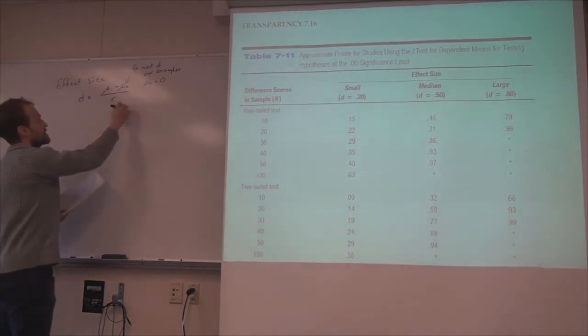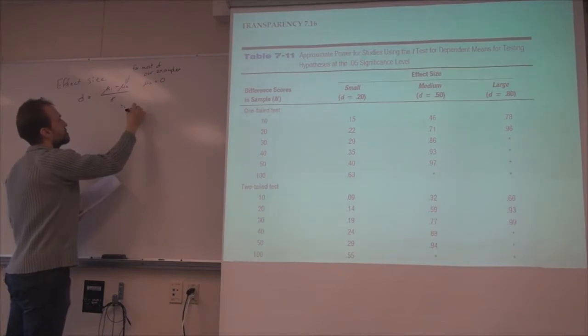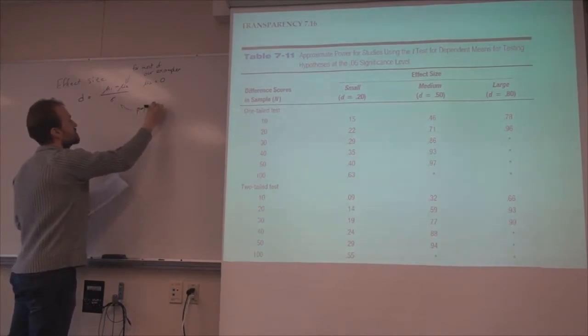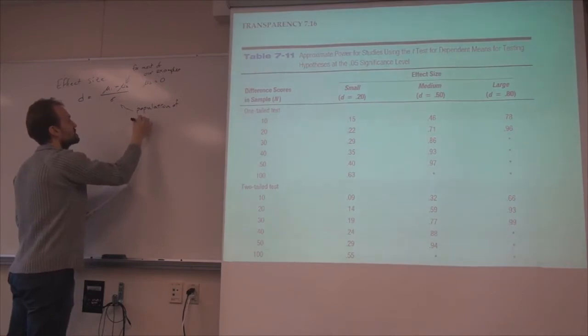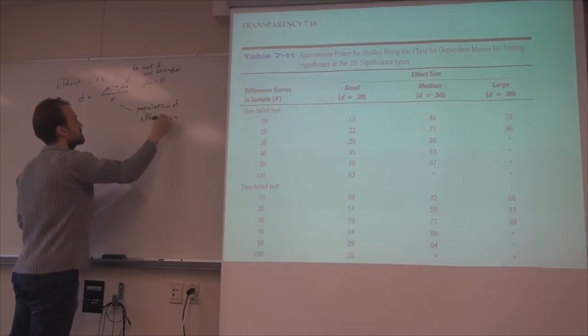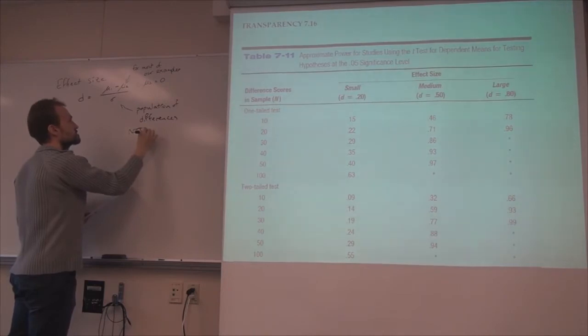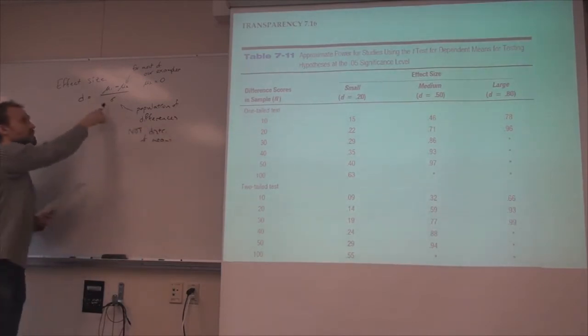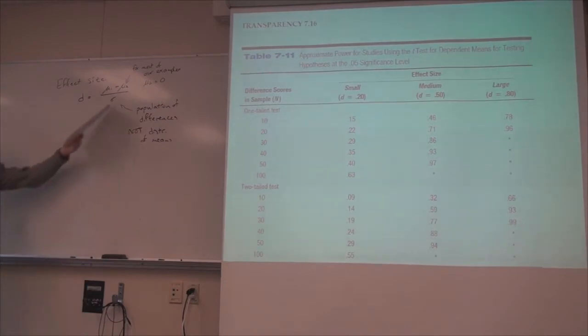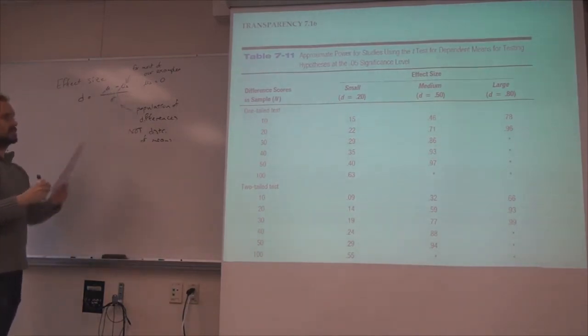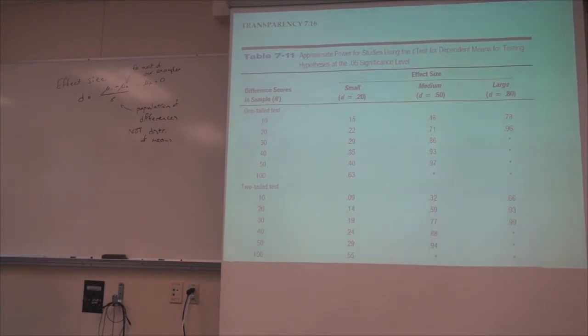So just remember that this is for the population of differences, not the distribution of means. If you go back to our previous one, it was the population parameter here, not the distribution. I want to see in my population of differences, how far is the difference that I get? How far is that actually? What is the effect of the treatment?